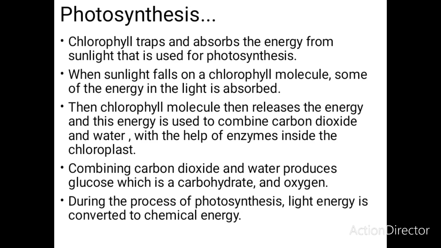After carbon dioxide and water have been combined, glucose, which is a carbohydrate, is produced, and oxygen is also produced as a byproduct. So when chlorophyll molecules absorb energy from sunlight, the energy is used to combine carbon dioxide and water with the help of enzymes inside the chloroplast.